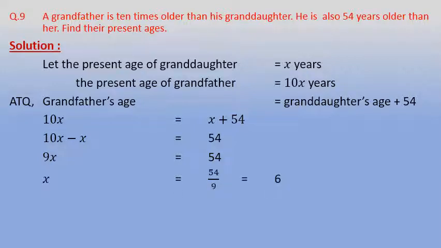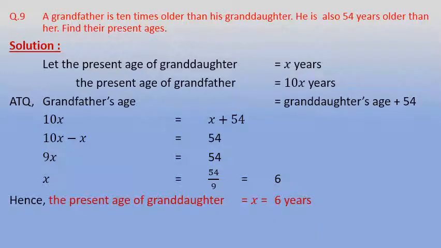Now x equal to 54 upon 9 equal to 6. That is, present age of granddaughter is 6 years and that of grandfather is 10x, means 10 into 6 equal to 60 years. Hence the present age of granddaughter is 6 years and grandfather is 60 years.